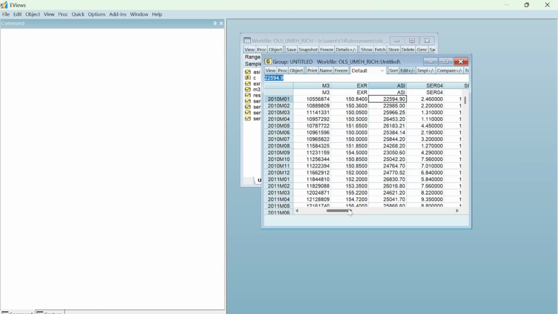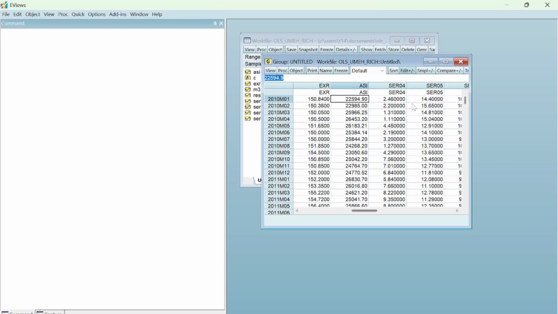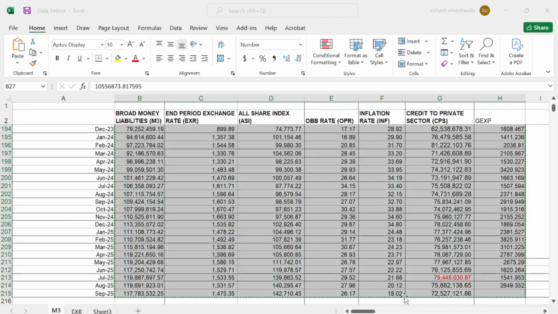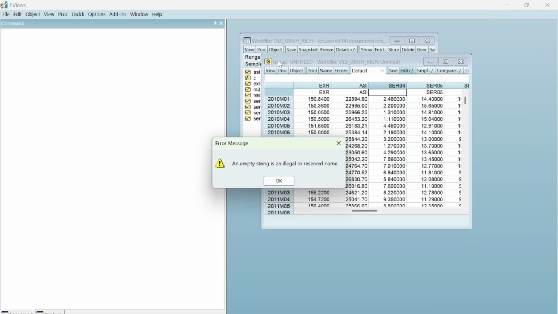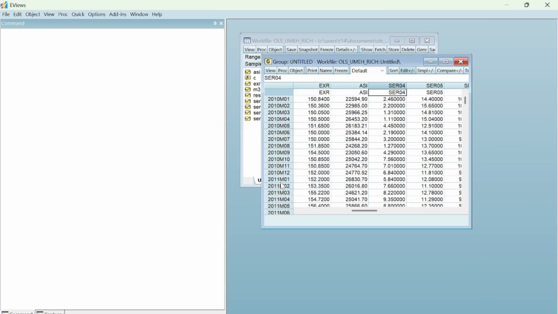You change it. The fourth one is the OBPR, so we call it OPR.